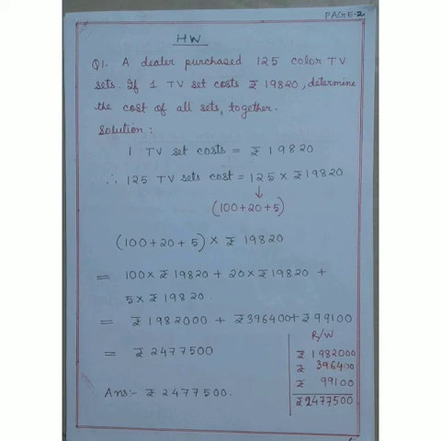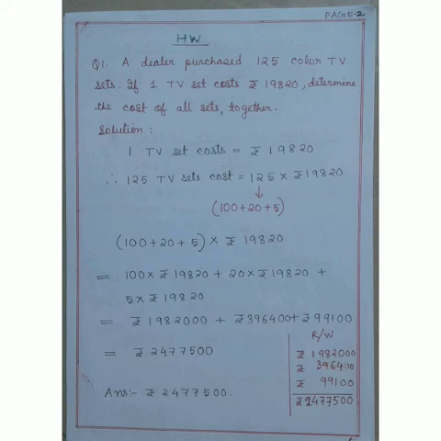So 125 into rupees 19,820 is equal to 100 plus 20 plus 5 into rupees 19,820, which is equal to 100 into rupees 19,820 plus 20 into rupees 19,820 plus 5 into rupees 19,820, which will give rupees 1982000 plus rupees 396400 plus rupees 99100.